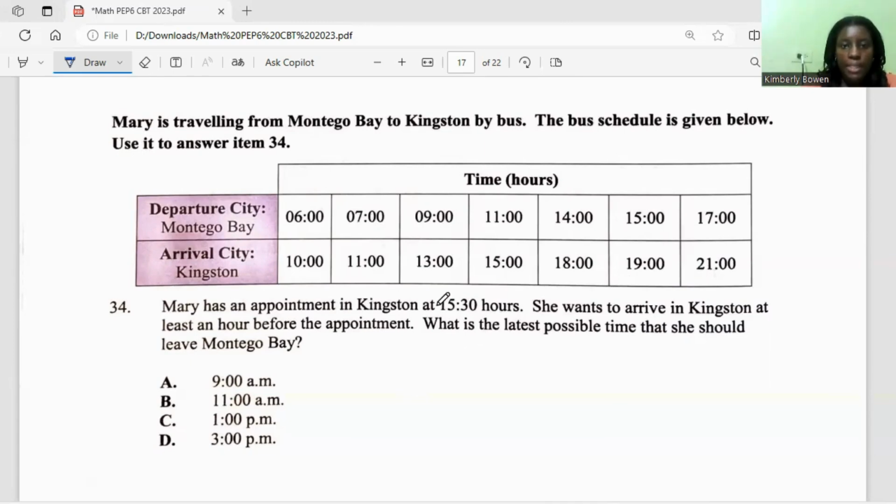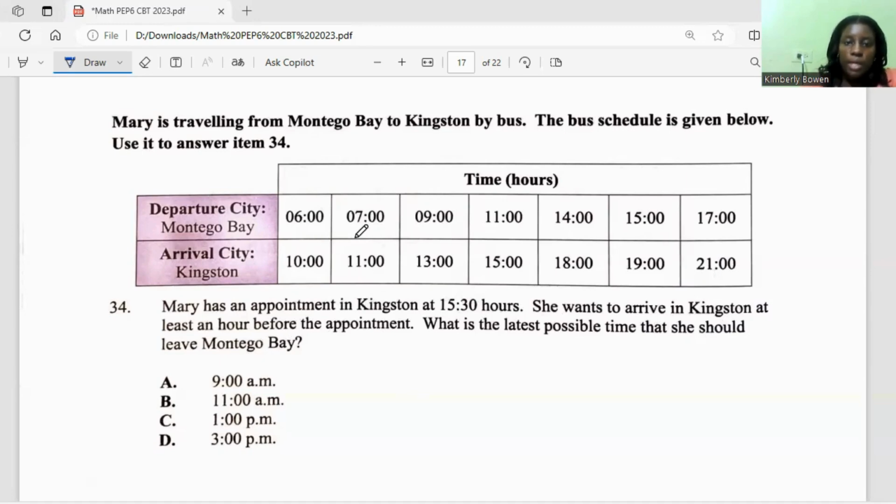Mary has an appointment in Kingston at 15:30 hours. She wants to arrive in Kingston at least an hour before the appointment. What is the latest possible time that she could leave Montego Bay?